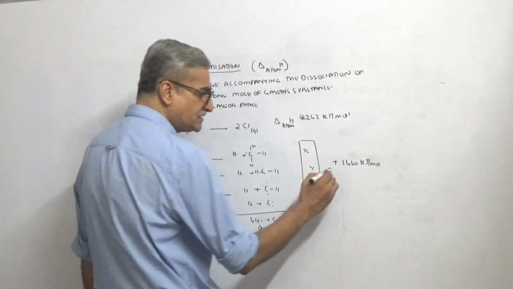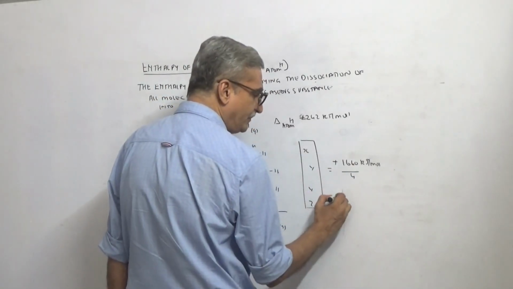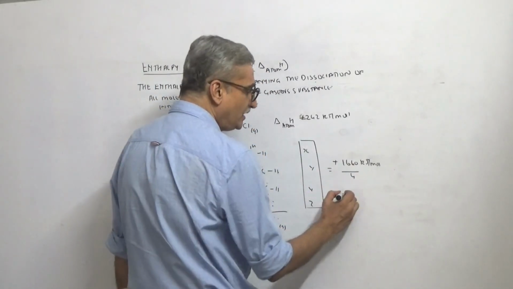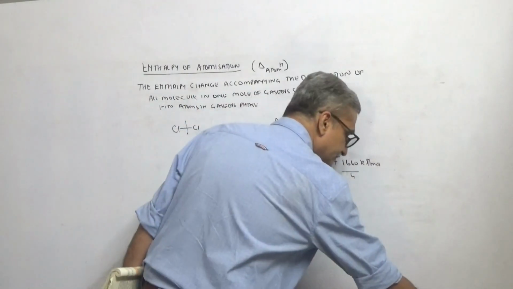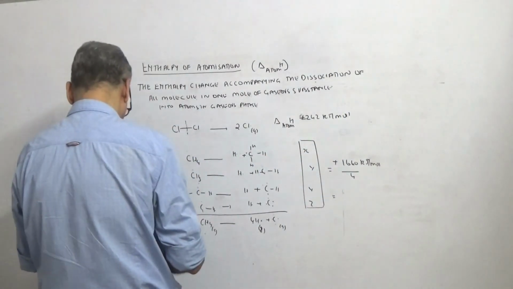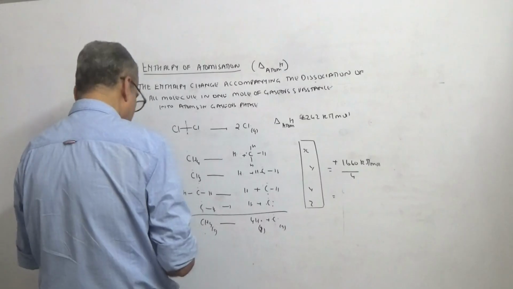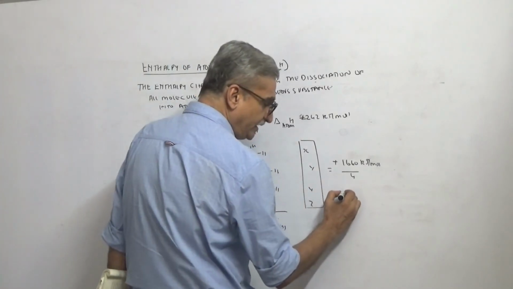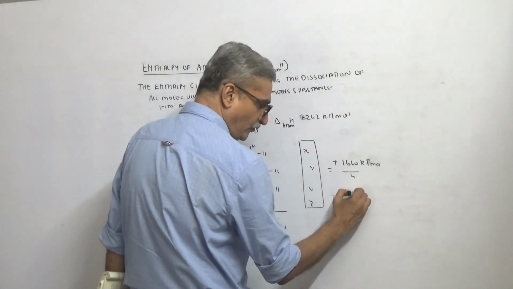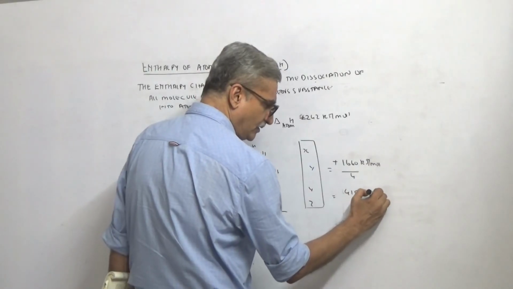So 1660 kilojoule per mole divided by 4, how much will this be? 1660 divided by 4, so for each bond, it will be 415 kilojoule per mole.